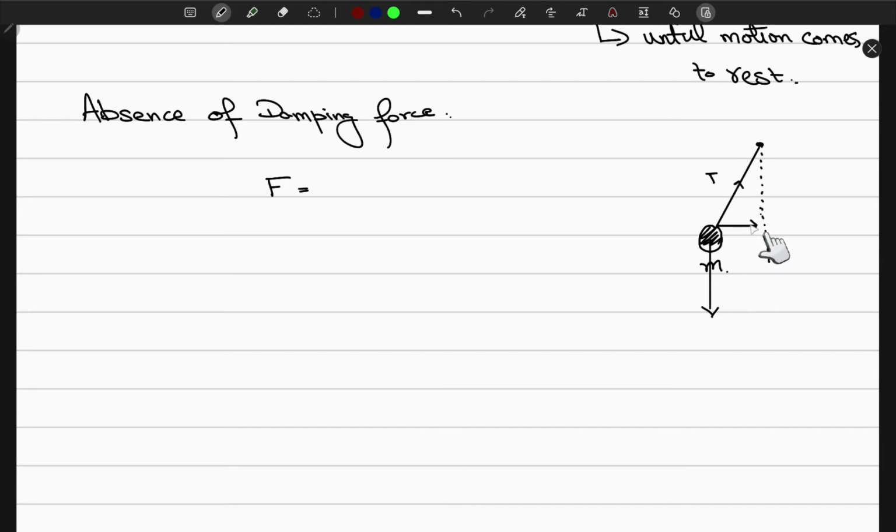So the only component, if I draw this thing as well and the angle theta is over here, then let's call this f. It would be f sine of theta.